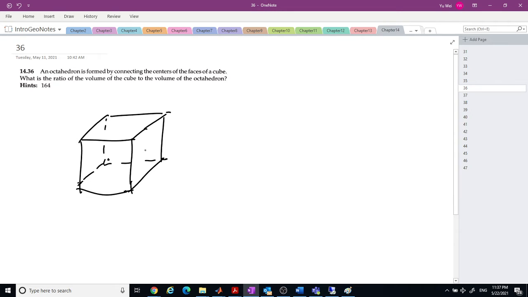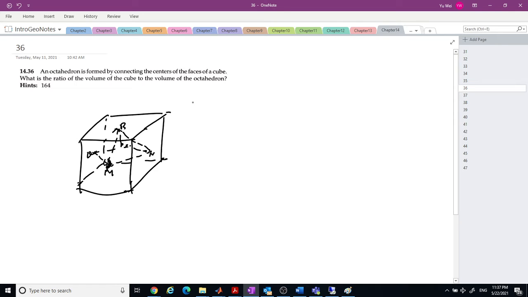Let's see, this is 1, 2, 3, 4, so M, N, P, Q. Then here is the R. So you can see this is half of the polyhedron, right?